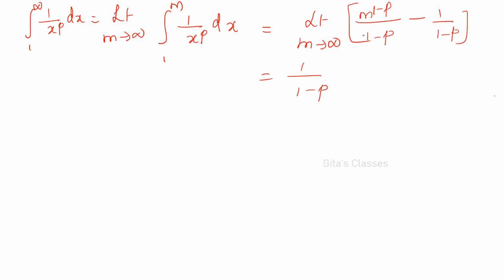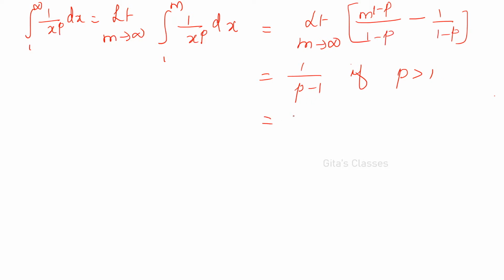Then m will come to the denominator and it will become 0, right? So this will become 0, and you will have only this one, minus 1 by 1 minus p, or 1 by p minus 1, you will get. So if p is greater than 1, that means you are getting a finite value. Therefore it is convergent.